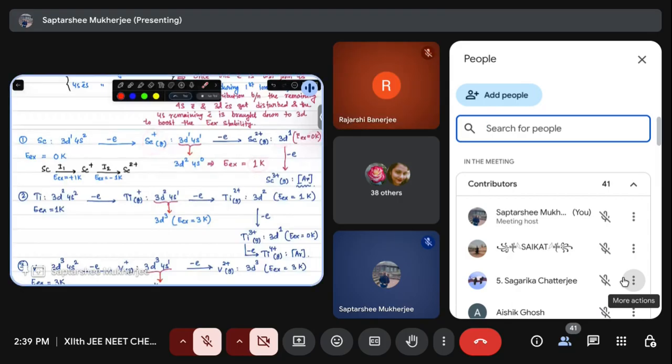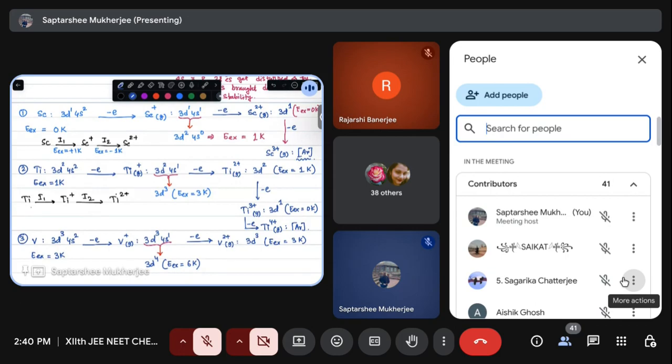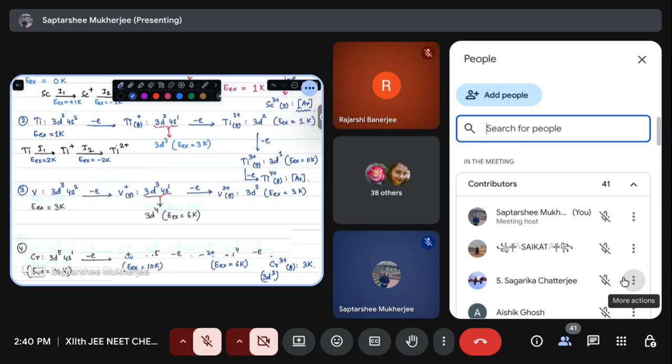Similarly, with a similar argument, titanium to titanium plus to titanium 2 plus, first ionization energy, second ionization energy, 1k to 3k, what is the gain? 3k. And second time, lost, minus 2k, exchange energy loss is happening.